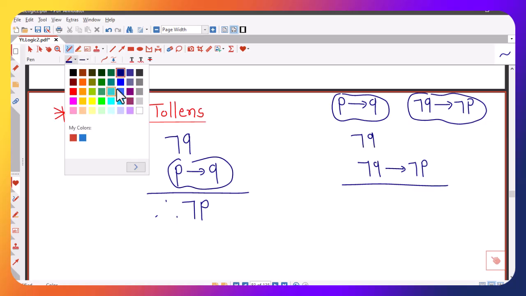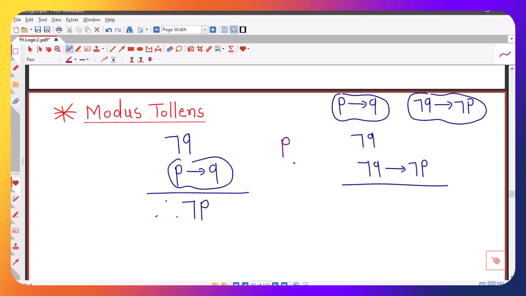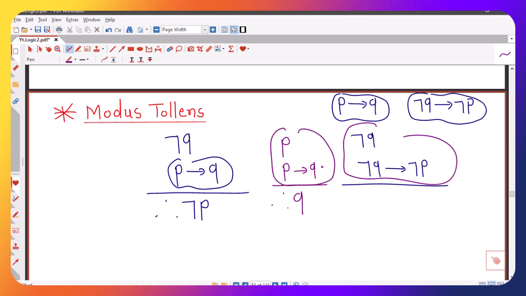What is modus ponens? It says that whenever we have P and P implies Q, then we have Q. Now if you compare this with this one, then you can see here the hypothesis is negation of Q. So here the hypothesis is P and conclusion is Q, so here we are writing Q. Here the hypothesis is negation of Q and conclusion is negation P. So using modus ponens, we can write negation of P here.